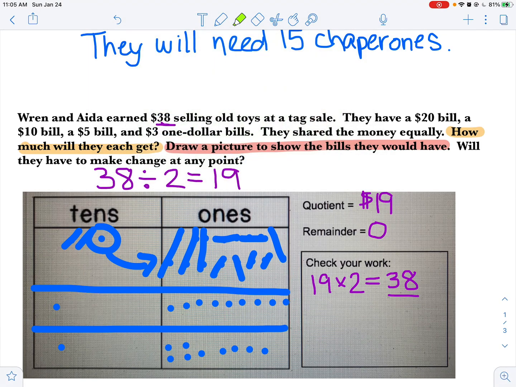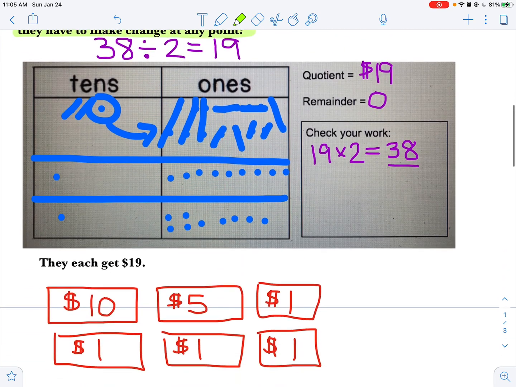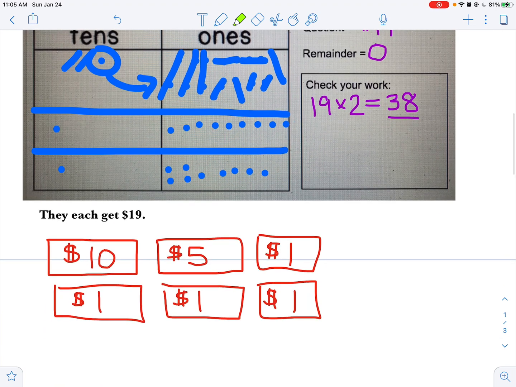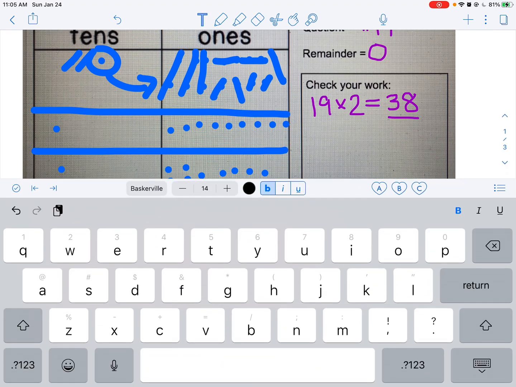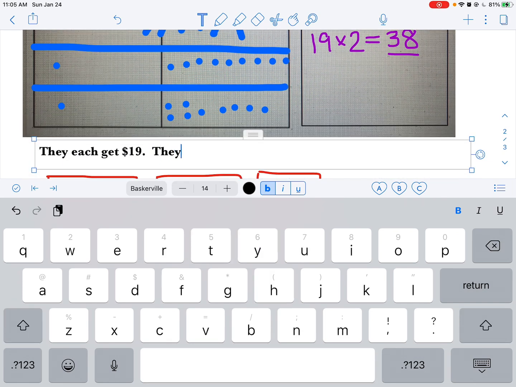Look back at your question again. There's one more piece. Will they have to make change at any point? Well, if you go back to the original part, it said they had a $20 bill. I don't see that in the money that they each get. Nor do I see 2 $10 bills and 2 5s and all those ones. So you're going to add on to your statement: they each get $19, and they will have to make change.